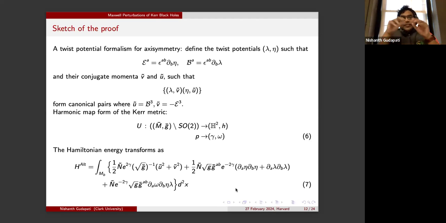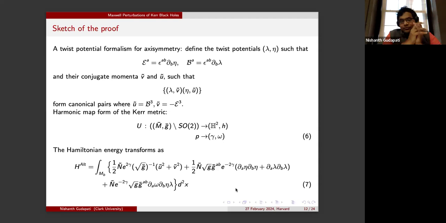So if you introduce these variables, and look at the original Maxwell variational principle and reduce it in terms of these twist potential variables, you will clearly see a certain Hamiltonian structure emerging for these dimensionally reduced variables. So in other words, you can also write down a Hamiltonian variational principle for these twist potential variables.